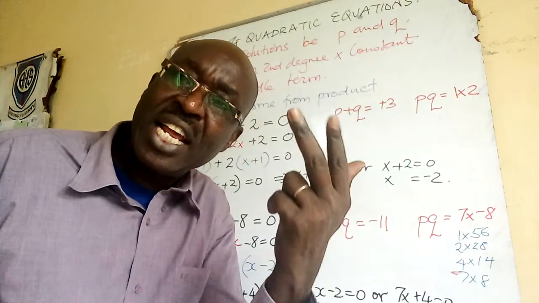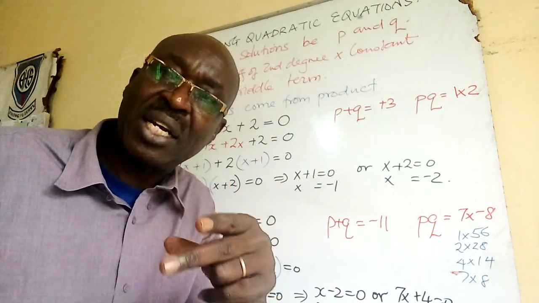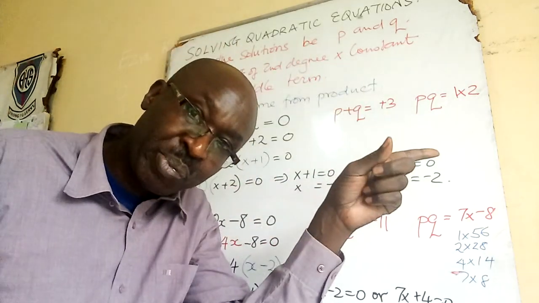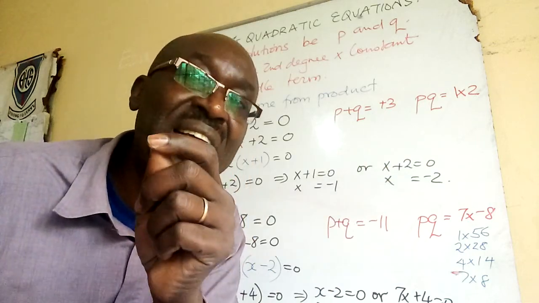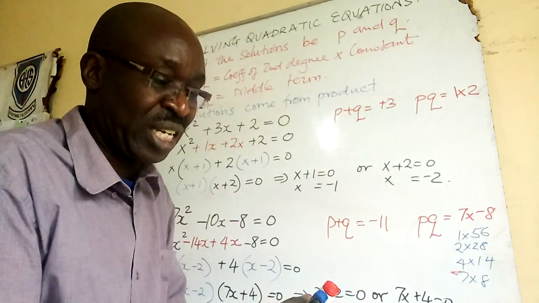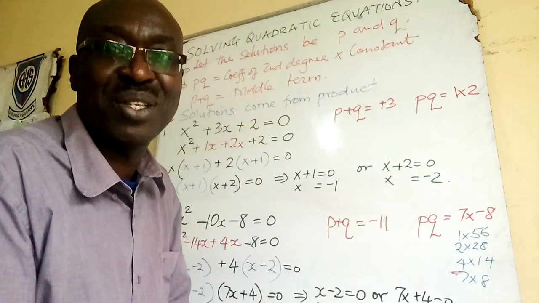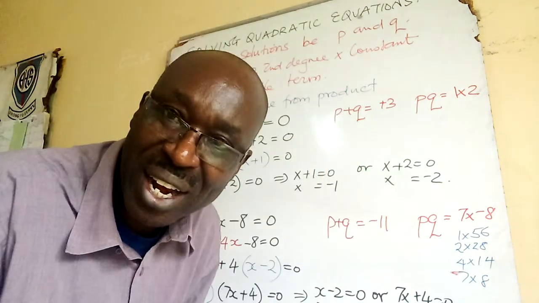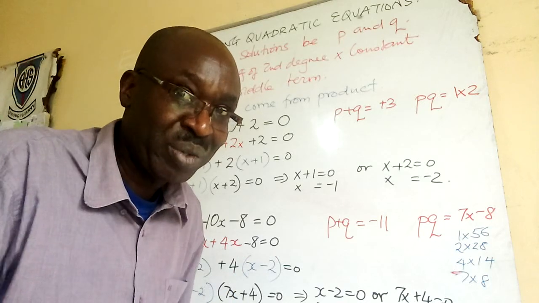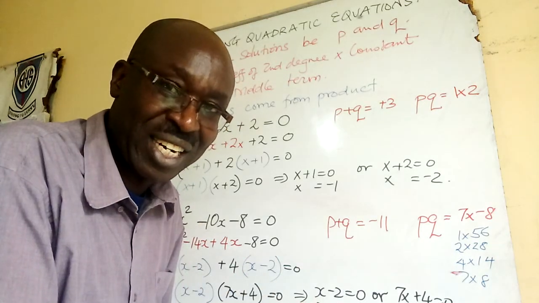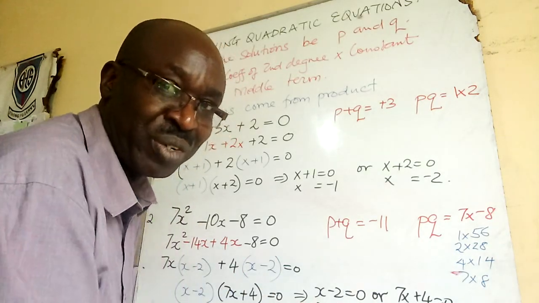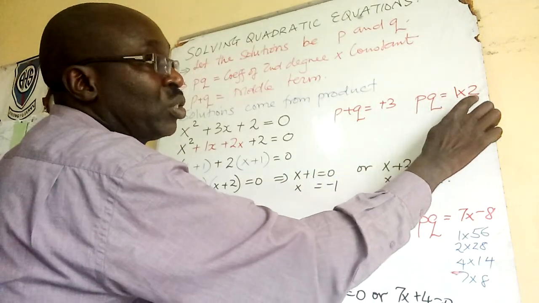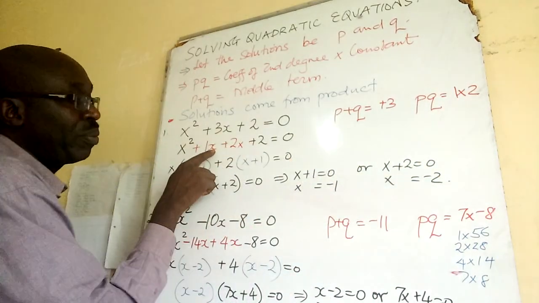Which are any two numbers that when you multiply, they give you that product 2. Luckily enough, it can be only 1 and 2. It can be only 1 times 2 or 2 times 1. We don't have any option. But you will get it later in the next example. There are many options. So once you get those options, we come and write them.